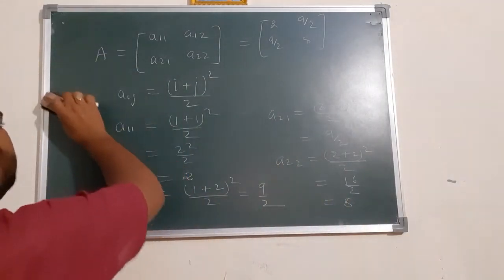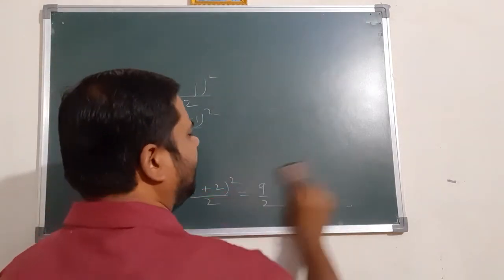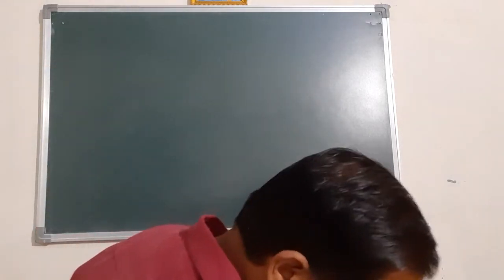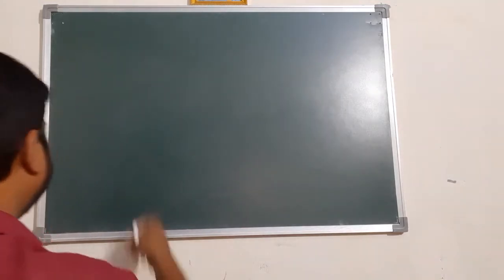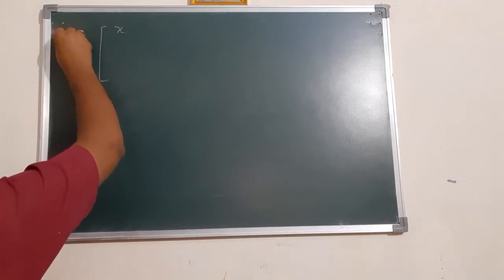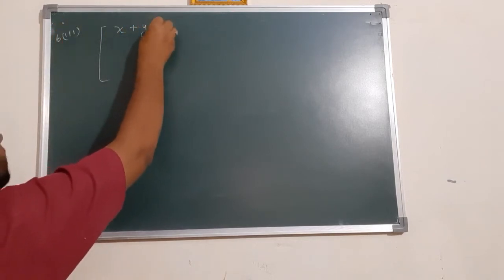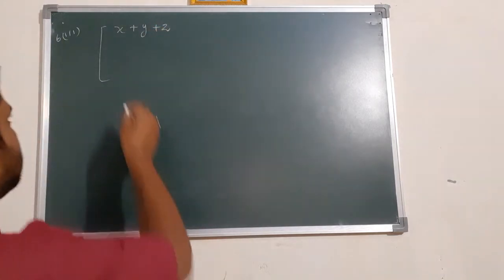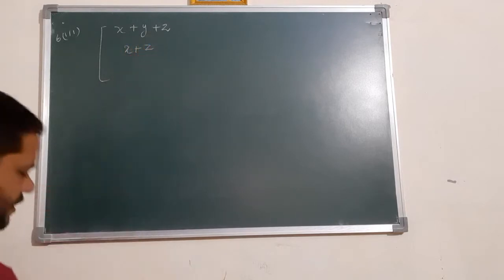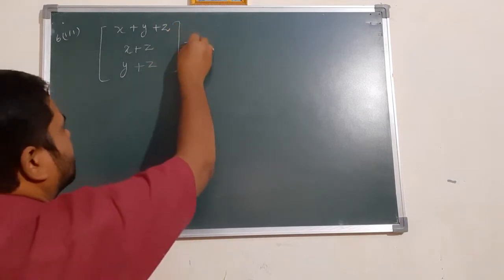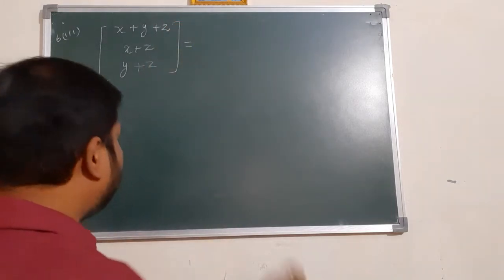We have to find the values of x, y and z, and we are given a matrix: x plus y plus z, then x plus z, and then y plus z, and this is nothing but 9, 5, 7.